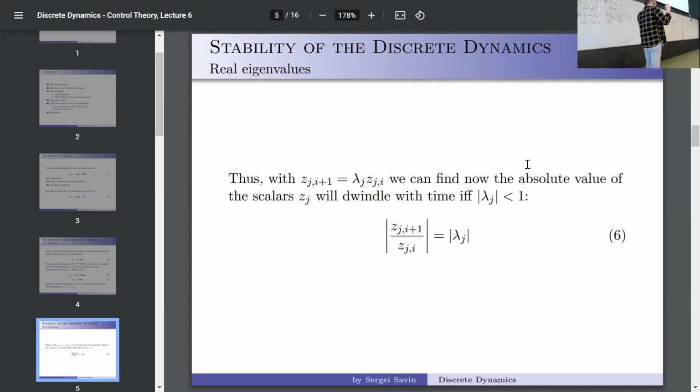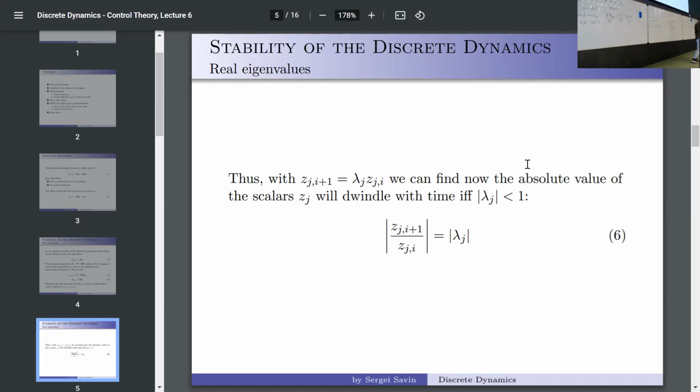So if each subsequent z is smaller than the previous one, the sequence converges, to 0, actually. If alpha is strictly 1, it means that the sequence does not diverge. So it is marginal stability, stability in the sense of Lyapunov.